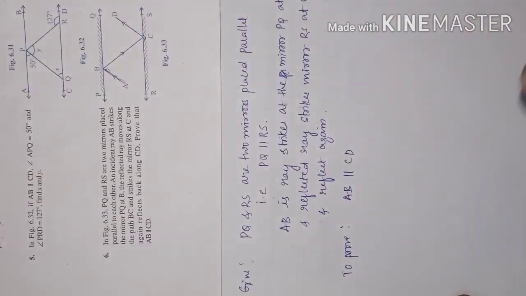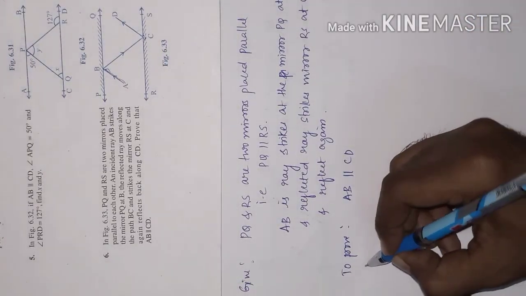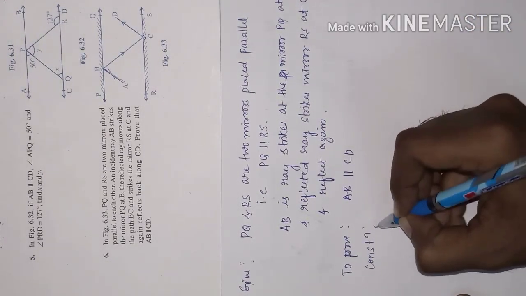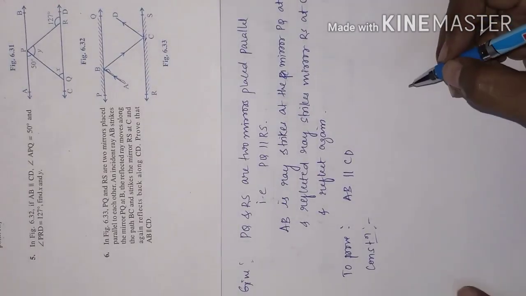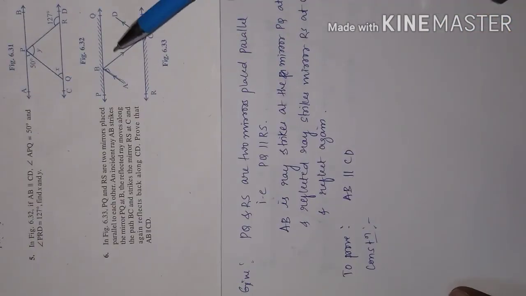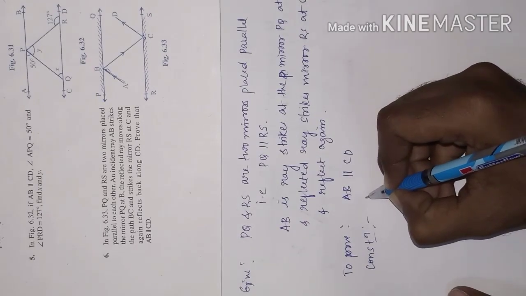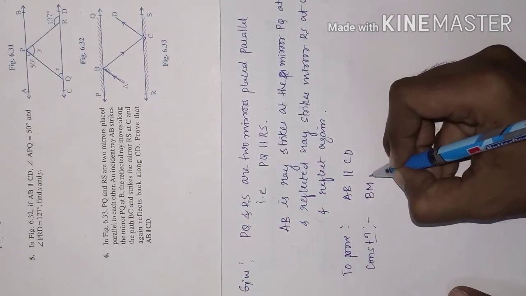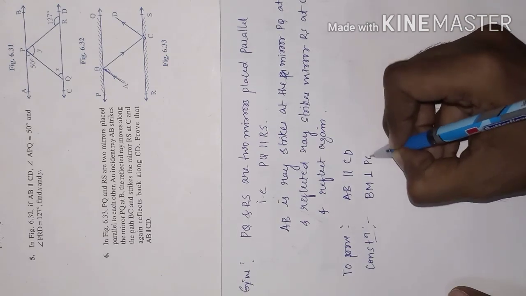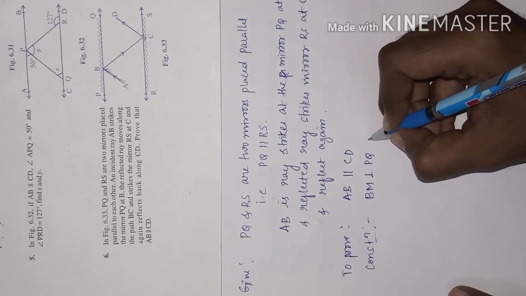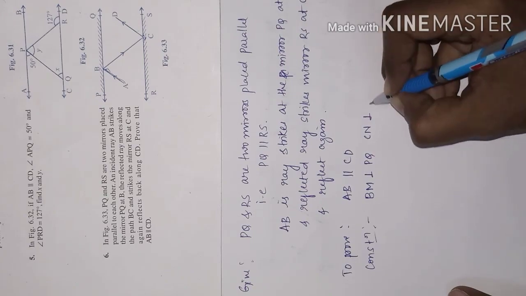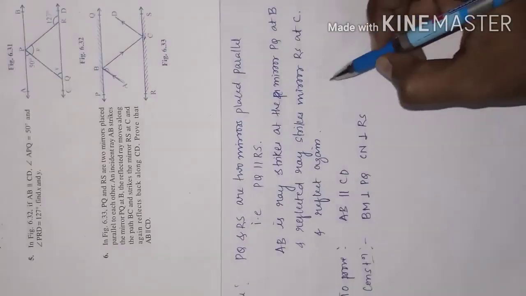For this particular question we have a construction. What is the construction? We have to draw perpendicular lines at B and at C. So let me write it as BM is perpendicular to PQ and CN is perpendicular to RS. Now let me draw the diagram here.